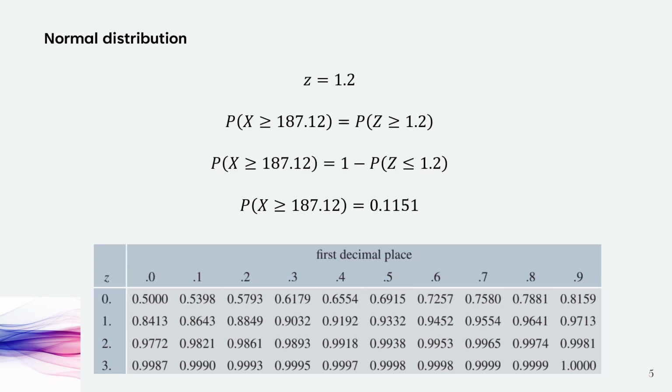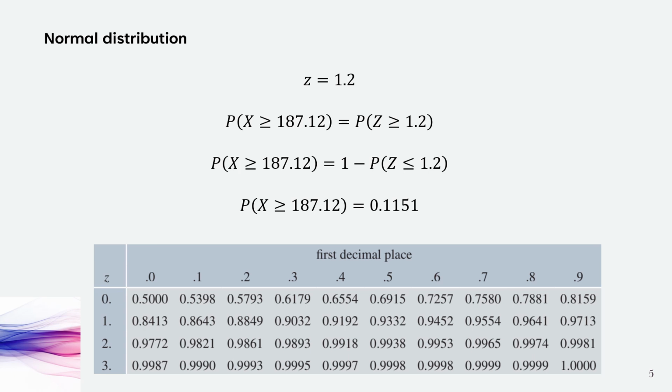So the Z-score of 1.2, if we want to find out the score greater than 187.12, that's equivalent to a Z-score greater than 1.2, which using the table is 1 minus the probability that it's less than 1.2. And 1 minus 0.8849 is 0.1151.